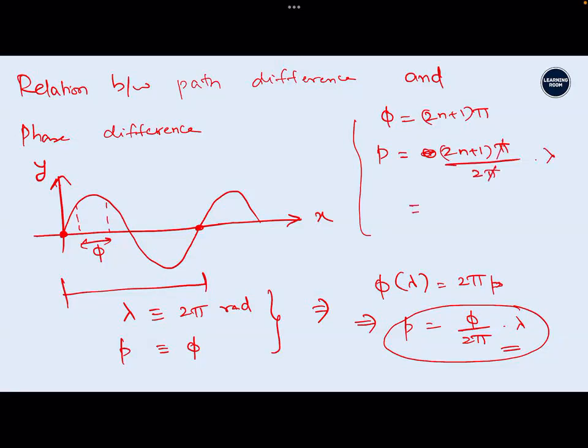So pi and pi will get cancelled. So you'll have 2n plus 1 into lambda divided by 2. So when you're trying to answer in terms of phase difference, you should write 2n plus 1 pi. When you're trying to answer in terms of path difference, you write it as 2n plus 1 lambda by 2. Is that clear?